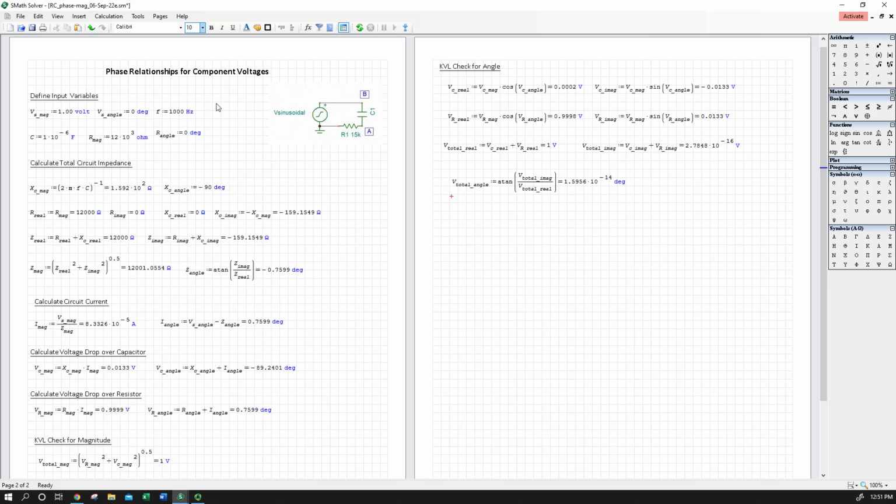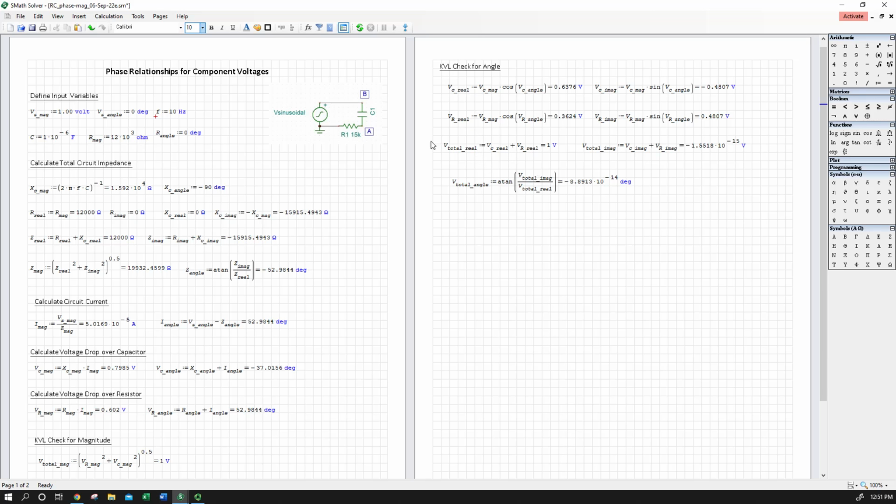So let's, just for giggles, reduce the frequency again down to 10 hertz, and we should see this change to something that is not close to 0. Actually, we ended up with something going the other way, the total angle going negative. So still, excuse me, I misspoke.